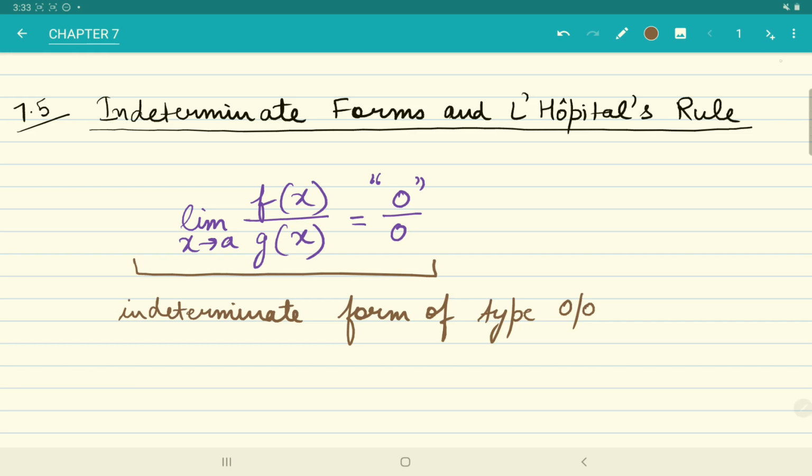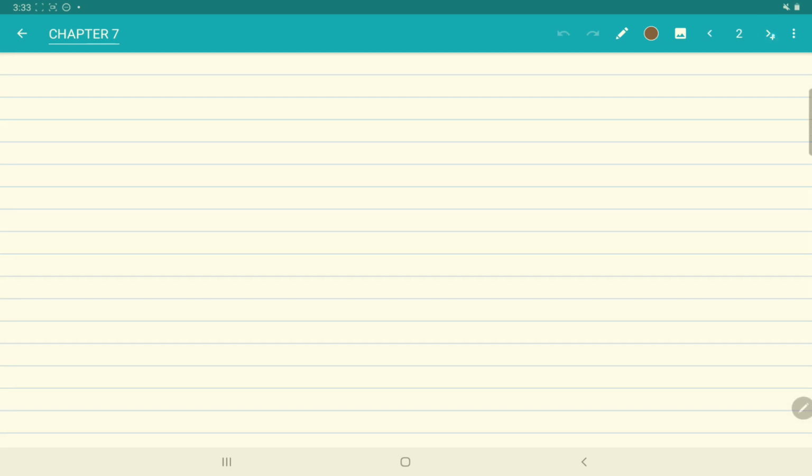If I write this expression, limit x tends to 4, x squared minus 16 by x by 4 root x minus 8.